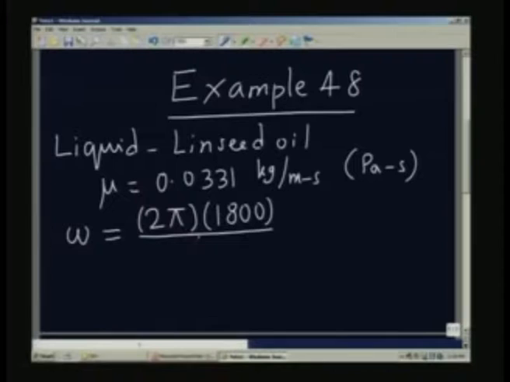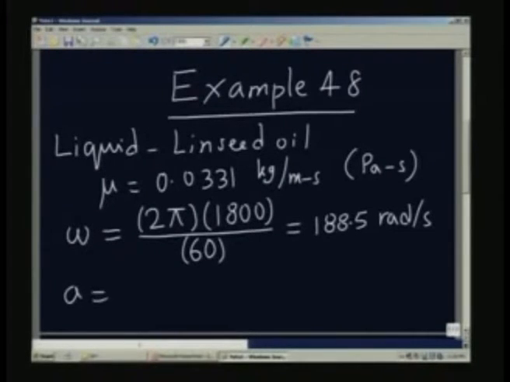Therefore, I divide by 60, since there are 60 seconds in 1 minute, and this gives radians per second. This happens to be 188.5 radians per second. The other quantity of interest is the gap A, which is already given, as 3 millimeters.